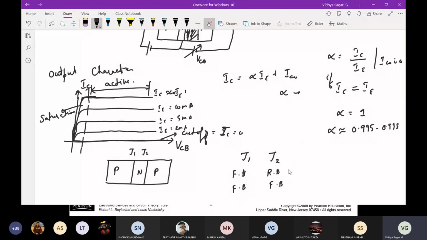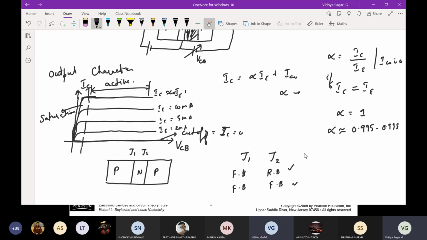Fine. So reverse bias we have seen. In forward bias, what happens if junction J2 is also in forward bias? I hope you are clear with the concept of forward bias and reverse bias, right?